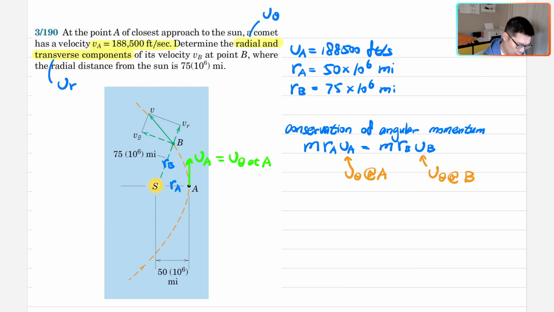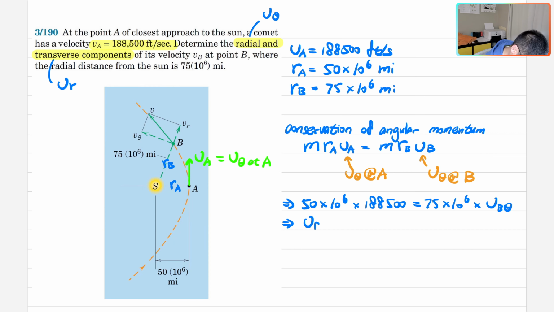We'll sub in the numbers here: 50 times 10 to the 6 times the velocity equals 75 times 10 to the 6 times VB theta. We'll calculate our VB theta, 125,666.67 feet per second. This is our first answer.